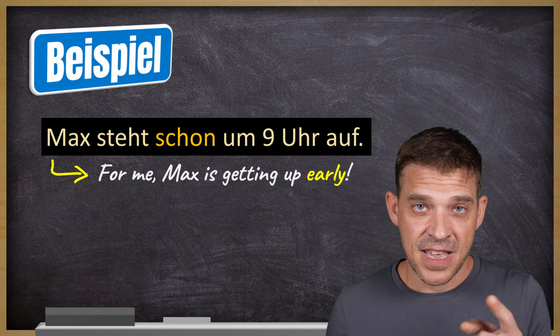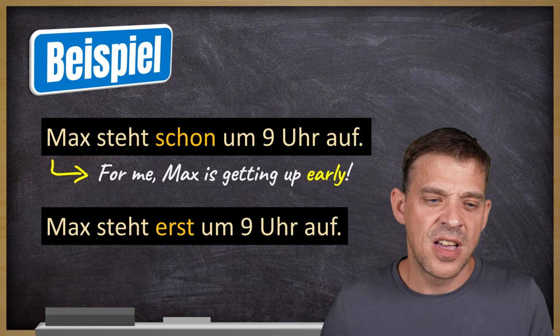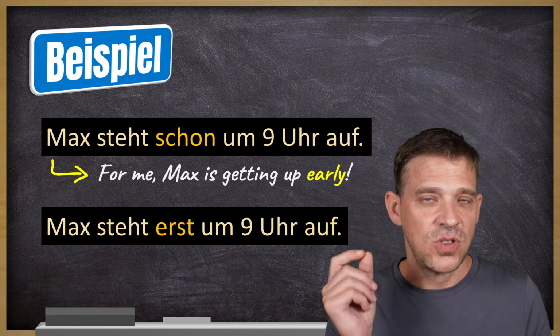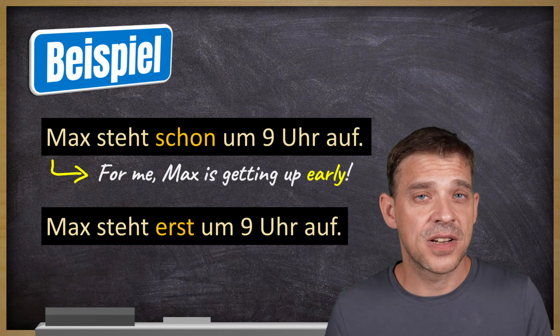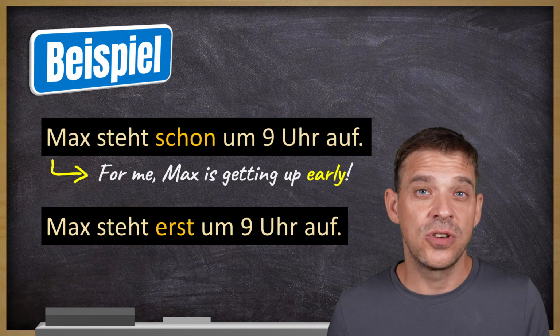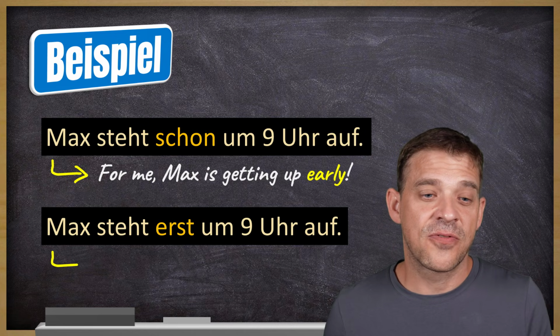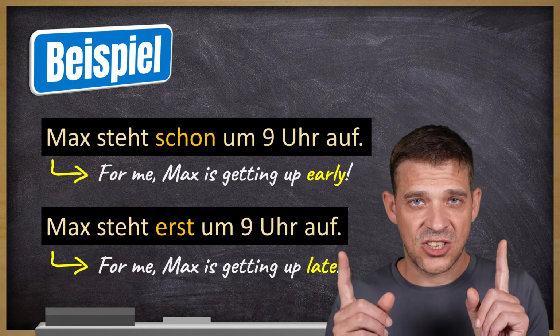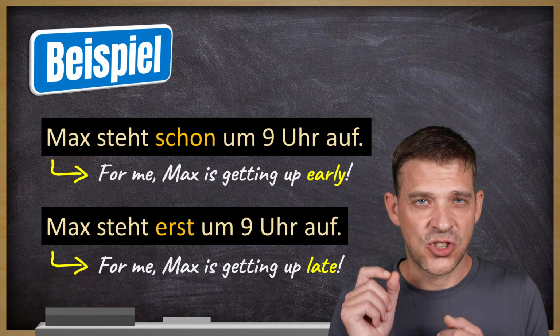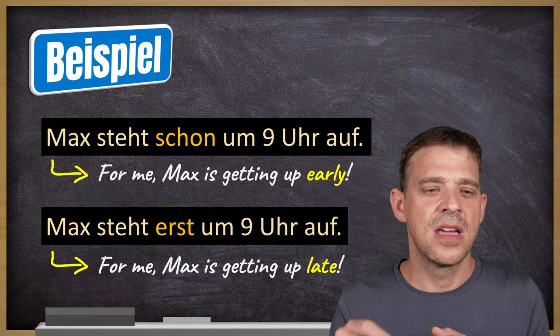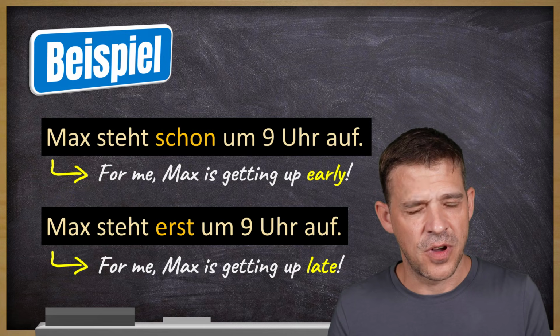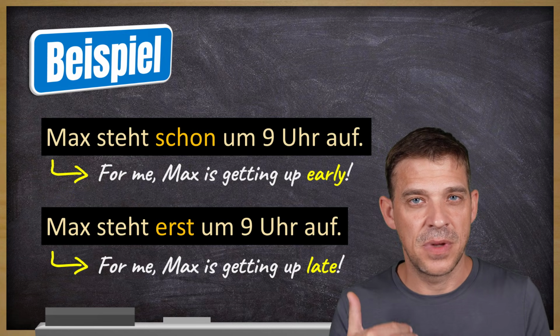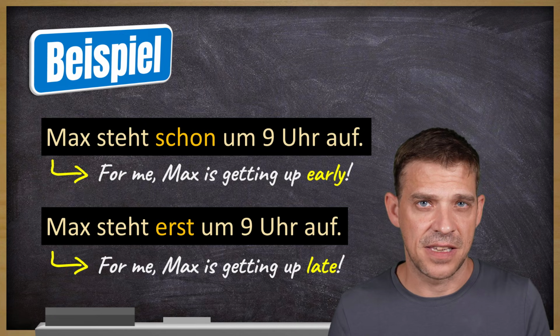But when I say, again from my perspective, Max steht erst 9 Uhr auf, this means for me, Max is getting up late. So again, that's just my perspective. When I use schon, then for me, Max is getting up early. When I use erst, then for me, Max is getting up late.